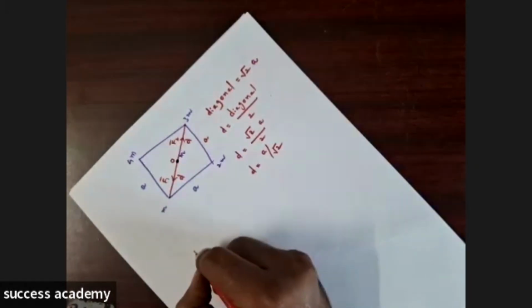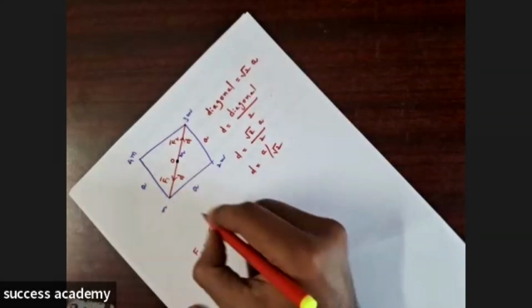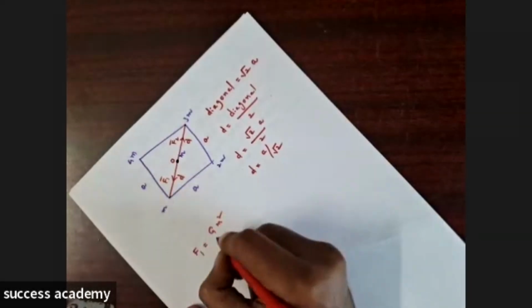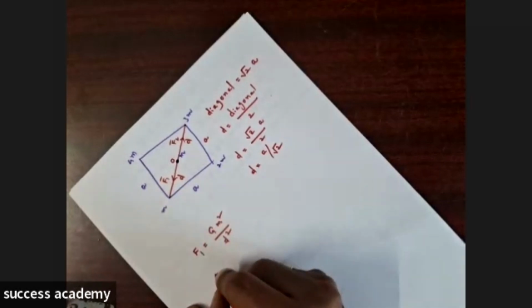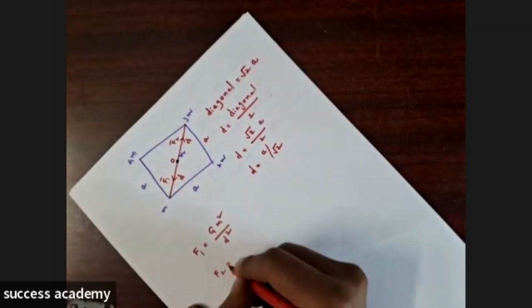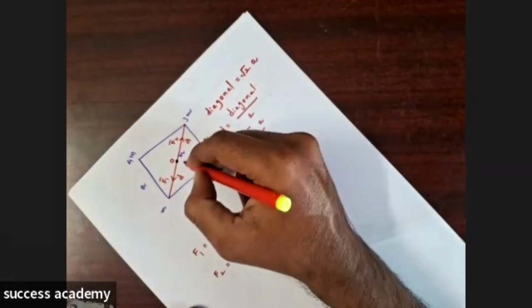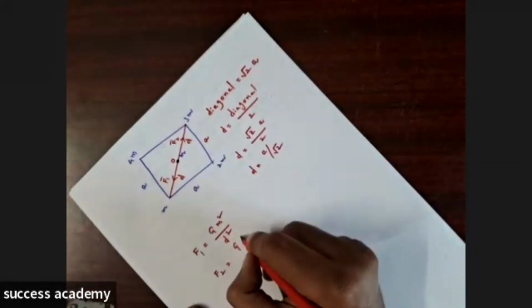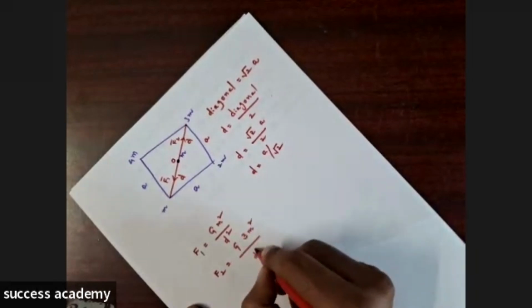Now at first, F1 is equal to G, m and m, m square by d square. Next, F2 is equal to G, 3m and m, 3m square by d square.